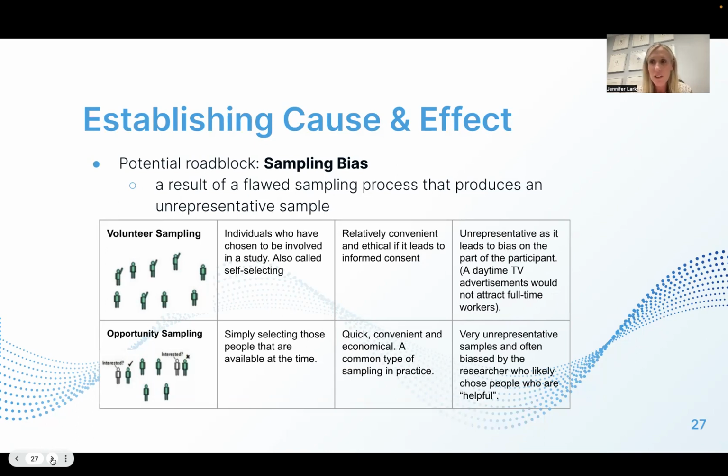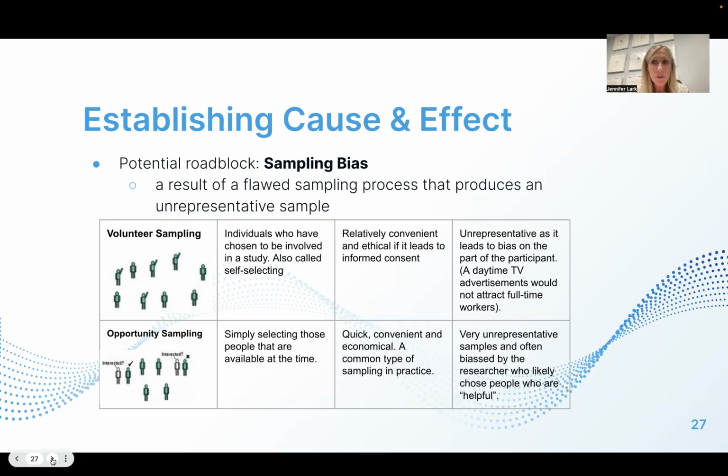Sometimes when you're trying to do an experiment, it's literally impossible to get a totally random sample. And so you just have to do your best and work with the participants who are willing to work with you. So sometimes psychologists will engage in volunteer sampling, where they're just choosing people into their study who have volunteered to do so.